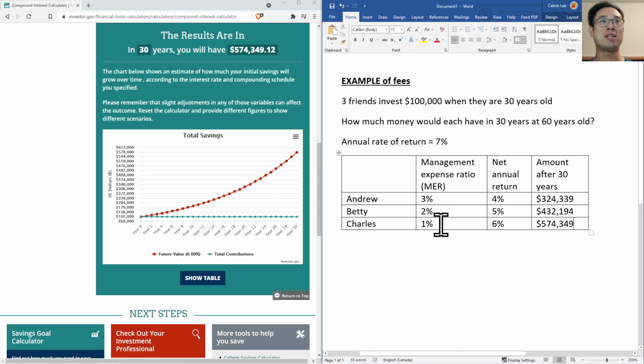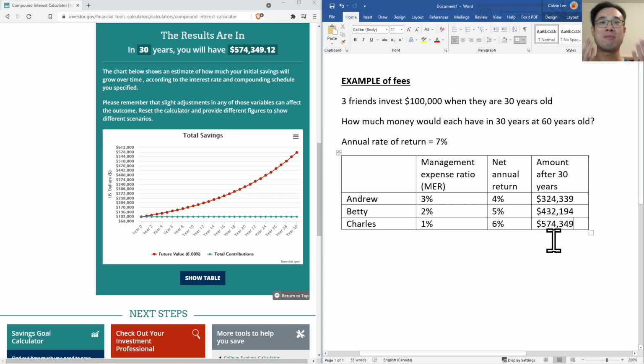Obviously Charles has the best amount of money after 30 years because he only had a 1% management expense ratio, which gives him a net annual return of 6%, versus Andrew, who has a net annual return of only 4% because his management expense ratio is really high for his fund, and he only has $324,000. So the difference is about $250,000 over 30 years.